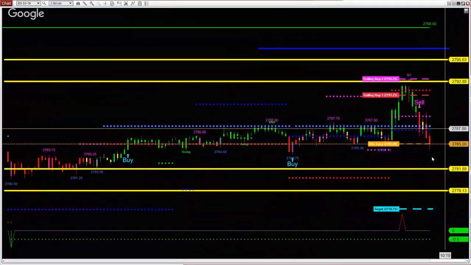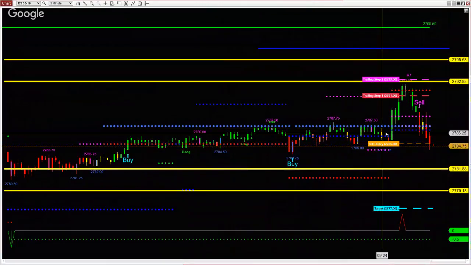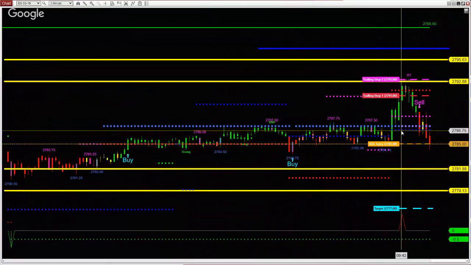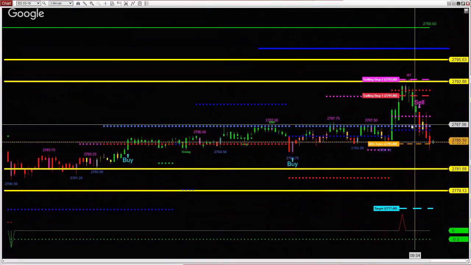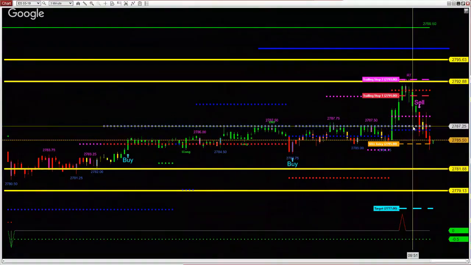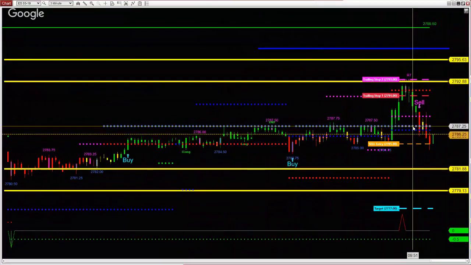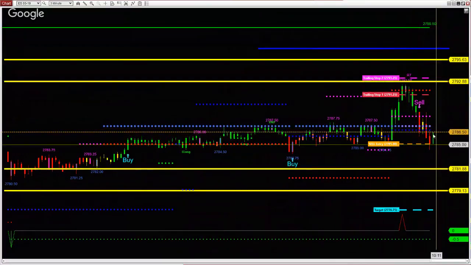We have a sell entry, and then there are a couple of resistance lines. You see one at 86.75, and the one at the top is 87.25. So it requires a lot of buying in order for us to break those areas.